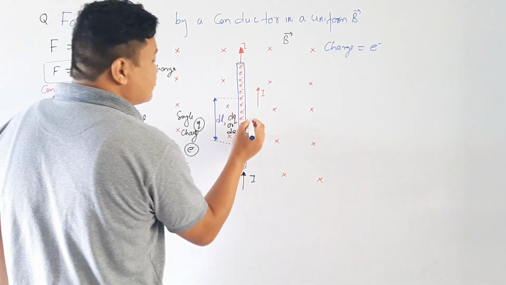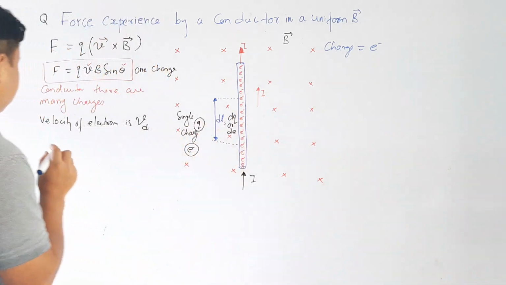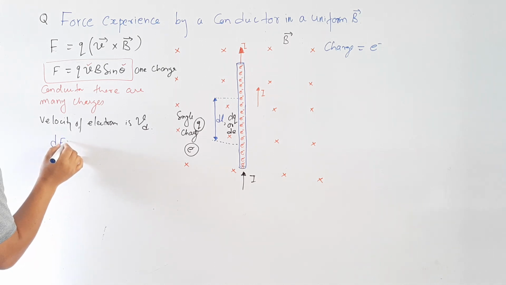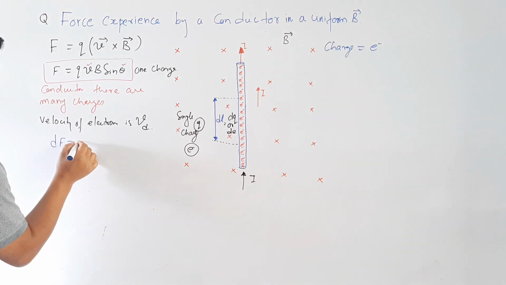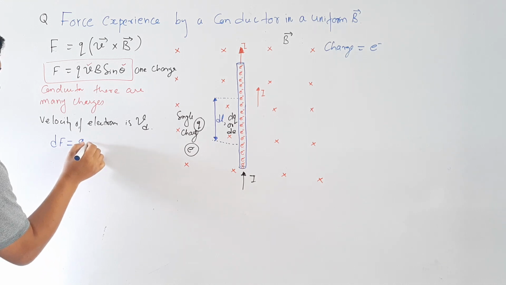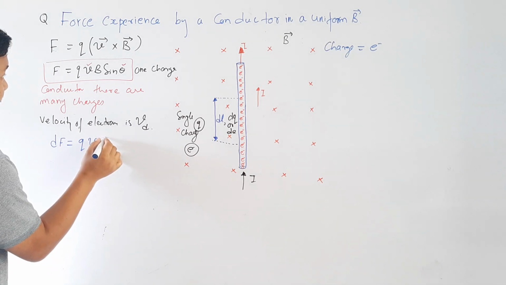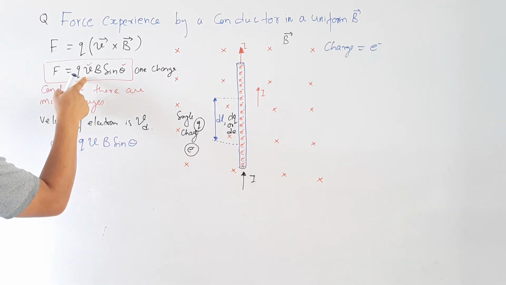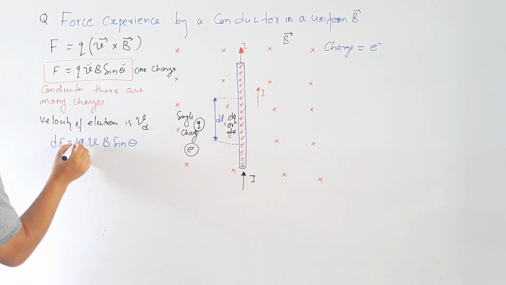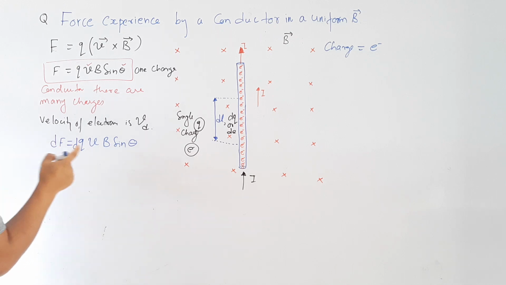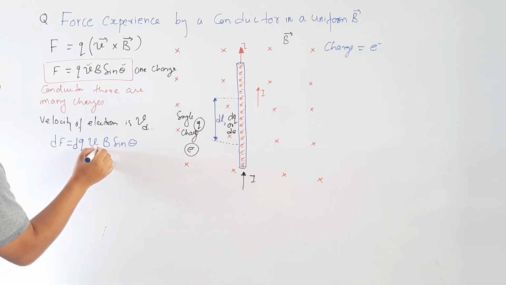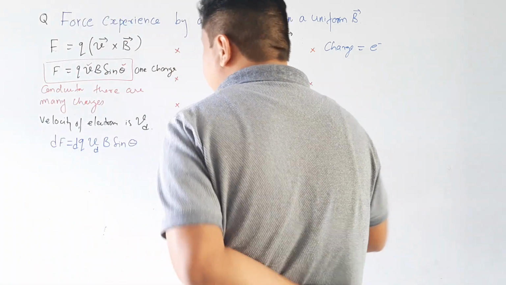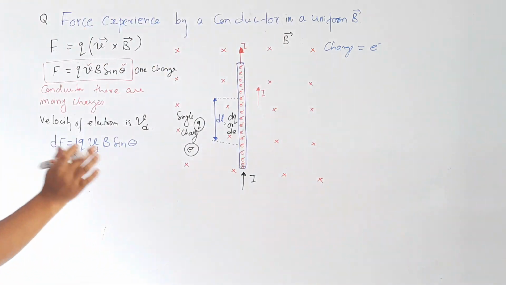Now here I will get a small force. This small force dF will become how much? Again, the small force will become Q, B sine theta here, and the charge will be very small, dq, and this v will become the drift velocity vd. Now how much is the drift velocity?